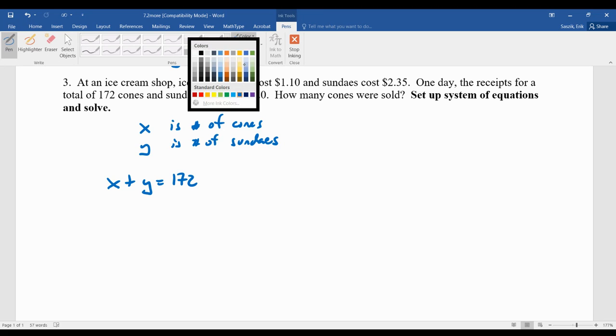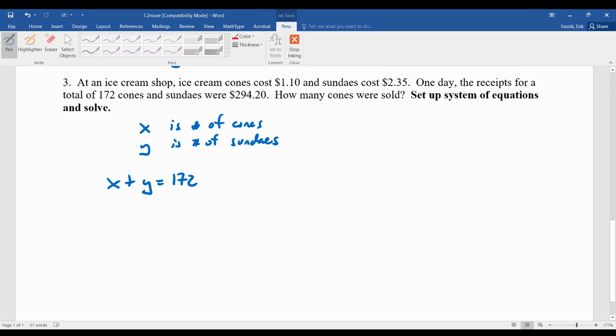Now, the other equation is going to be the money equation. We have the price of the cones is $1.10, so $1.10 times how many we sold, plus the sundaes cost $2.35, so $2.35 times how many sundaes we sold has to give us our total receipts.